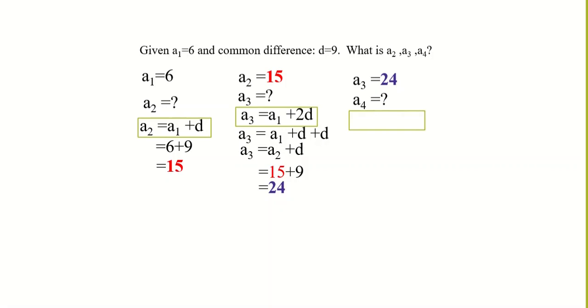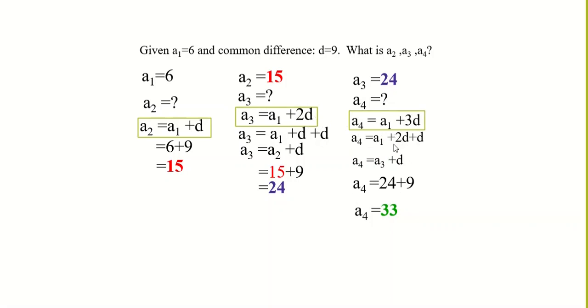Then, to look for a sub 4, simply add 9 to it. And that gives you 33. Working backward, that's 24 plus 9, and that 24 is actually the third term. This third term is actually equal to a sub 1 plus 2d.